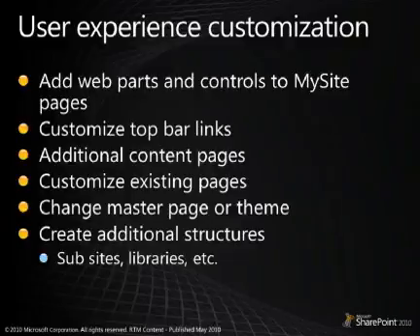For branding purposes, we can change the master page to be used or utilize the new themed framework. We can also create any additional structures under the MySite host or personal MySites. These can be subsites or simple document libraries and other lists. To help provide more information on each of these options, let's go through these in following slides.